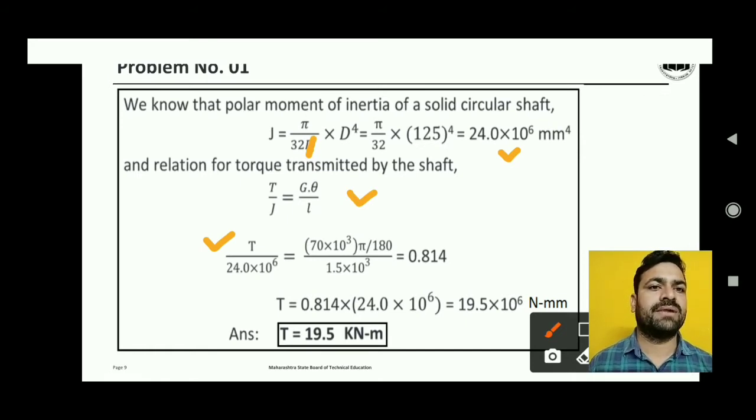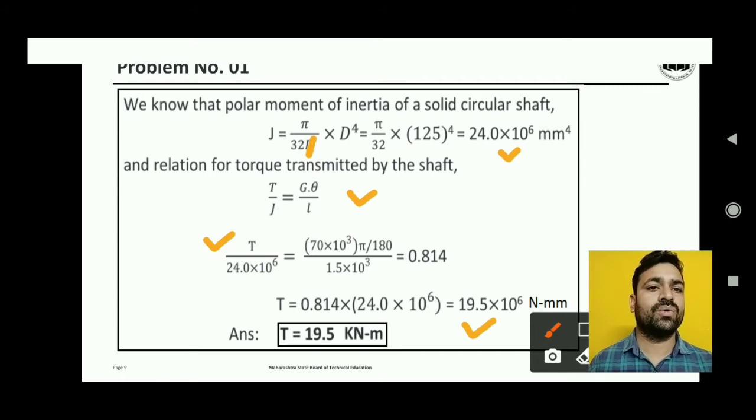Putting all the values in the above equation, we can find the value of T. So T will be equal to 0.814 into, in bracket, 24 into 10 raised to 6. So it will be equal to 19.5 into 10 raised to 6 Newton mm. You can do the calculation and cross verify it. So the torque will be equal to 19.5 into 10 raised to 6 Newton mm, but we can convert it into kilonewton meter also.